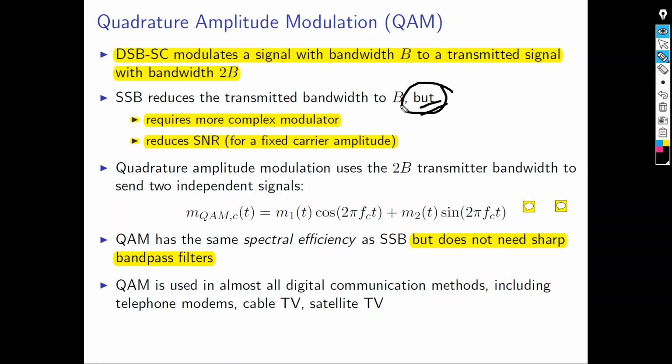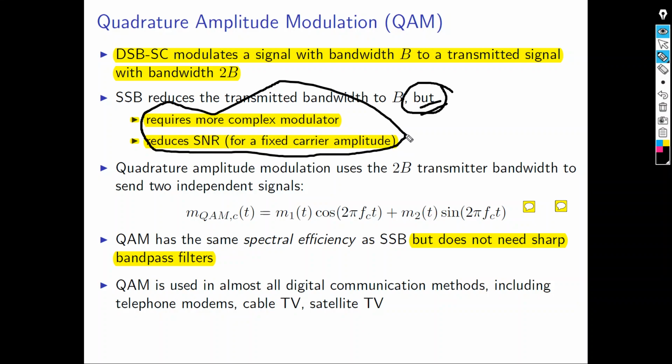That's why we said single sideband is more spectrally efficient than the previous modulation schemes. But the problem is single sideband requires more complex modulators. Yes, very complex processing at the transmitter and at the receiver as well, and it reduces signal to noise ratio for a fixed carrier amplitude. So these are the two problems with single sideband.